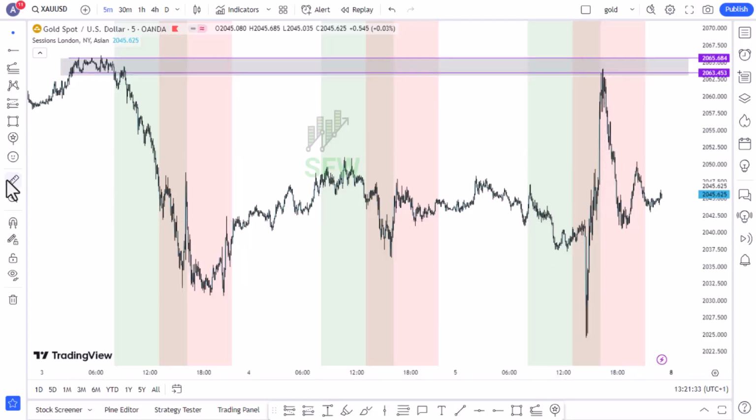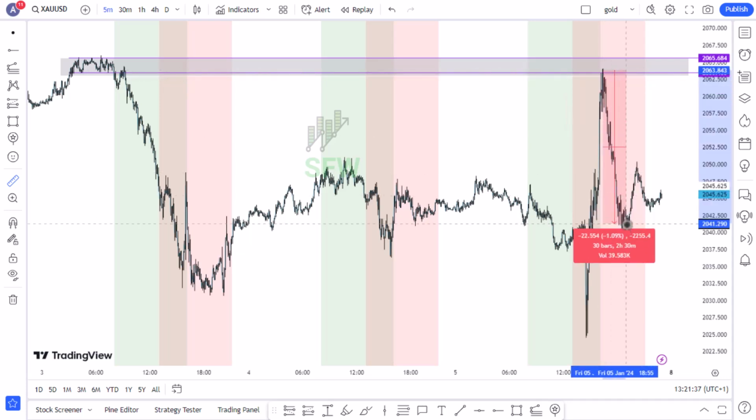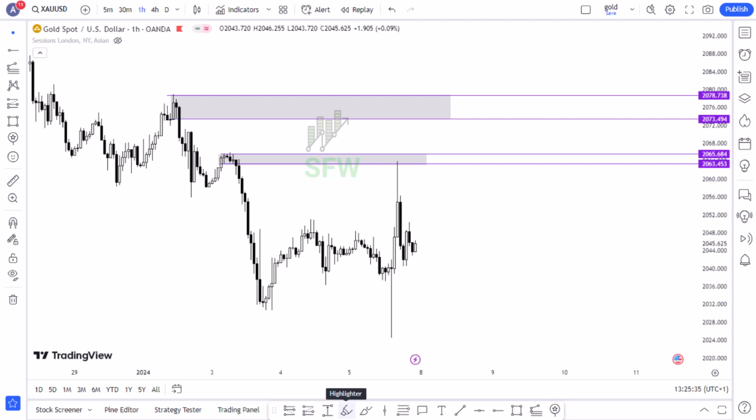And you see how price dropped. That was yesterday after the NFP release. You see how price then dropped. So that's how you can trade the ICT order blocks with respect to the New York session time zone.